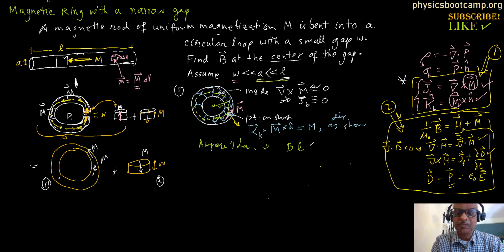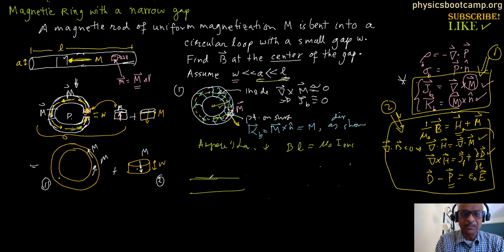And so this will equal mu naught times I enclosed. What is the I enclosed? Well, you have a surface current and it's cutting through. So say you had a surface current going this way, then let's look at the length of the line perpendicular to the current.